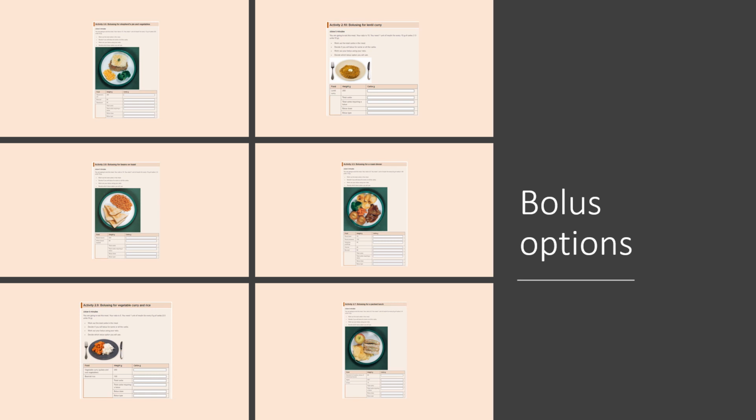Participants may not agree with the suggested recommendation. The effect of GI is very individual. The activities are included to promote discussion and to encourage participants to think about the effect of different foods on their glucose and consider using different bolus types as an option to help achieve their glucose targets.